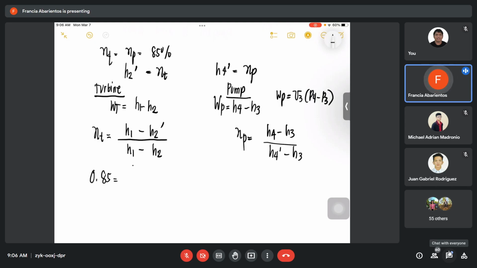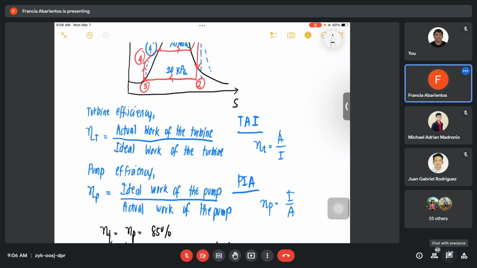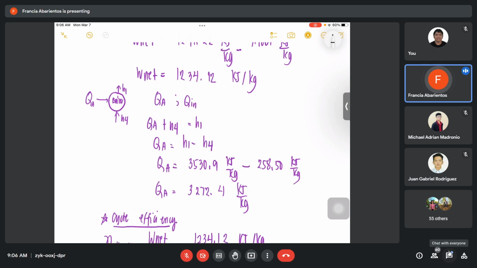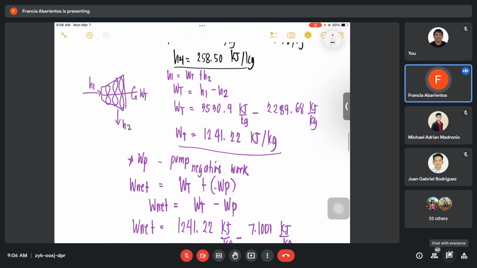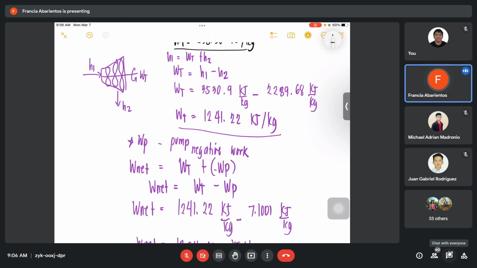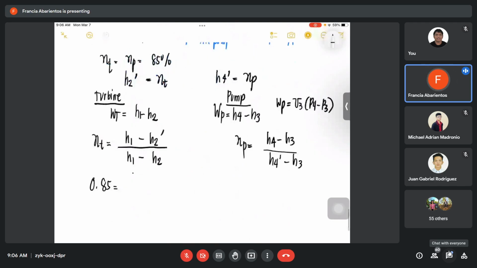Ano yung H1 natin? Balik ulit tayo dun sa problem number 1. Ay, sinulat ko na yun. 35. Ayan. Ito na. May work of the turbine tayo. Gamitin na natin to. 1241.22. 1241.22.